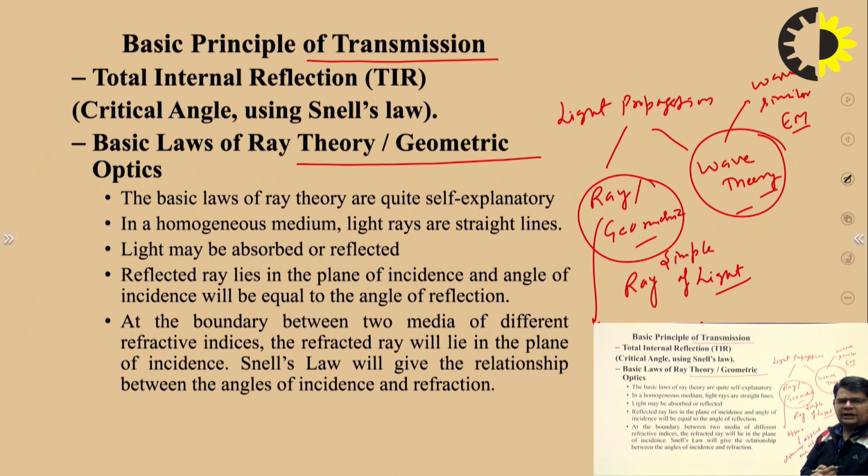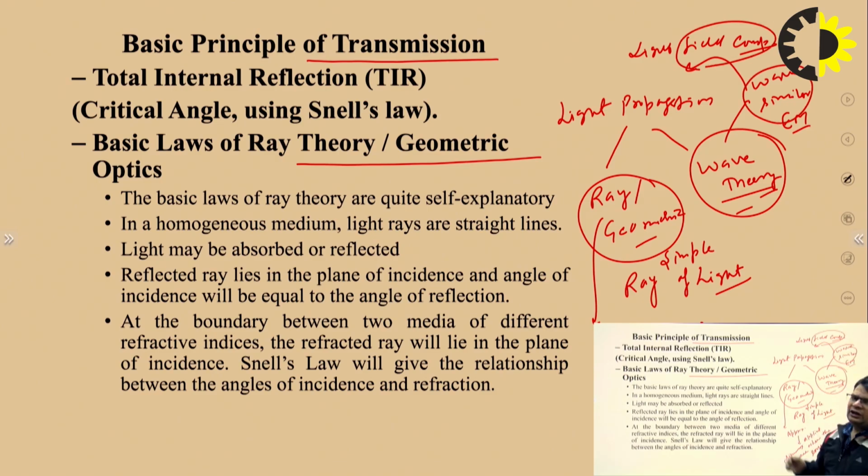As the electromagnetic wave has an electric field component and a magnetic field component, in a similar way this light may also have a light field component, and this field component propagates through the optical fiber cable. So in the wave theory, light is considered as a wave having the field component which propagates through the optical fiber cable similar to the electromagnetic wave.